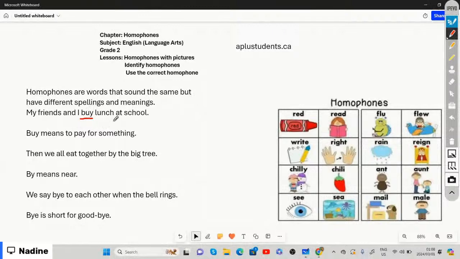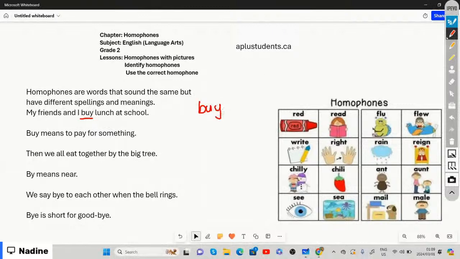So it's like going to the shop and buying something. You need to give money, and then the owners of the shop will give you something. So it's basically an exchange of you giving money and the shop owners giving you the goods. So that is the first word, buy, B-U-Y.